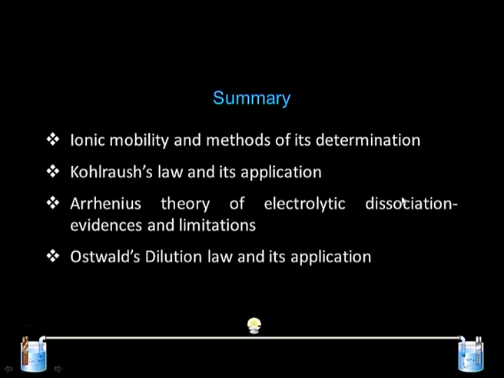The Arrhenius theory of electrolytic dissociation, where we talked about the limitations and the evidences which support it, and Ostwald dilution law and its application in finding alpha and the degree of dissociation like Ka for a weak electrolyte. So, we are able to understand the theories which try to deal with weak electrolytes.